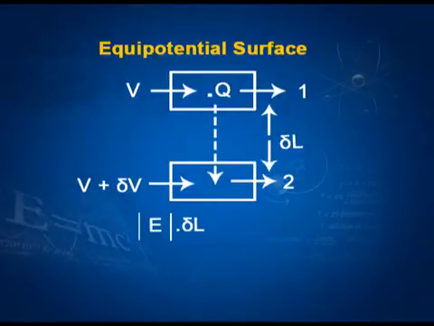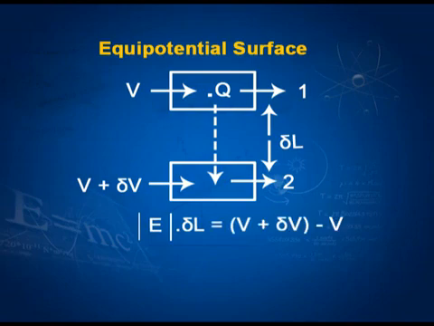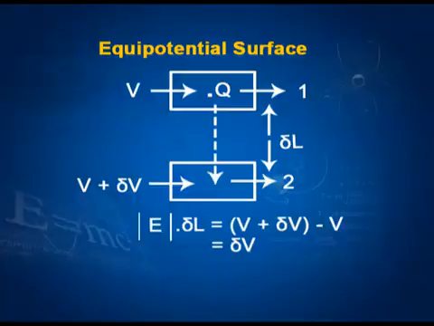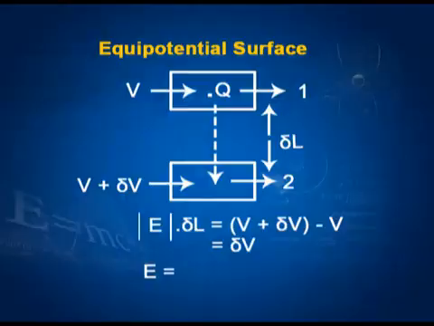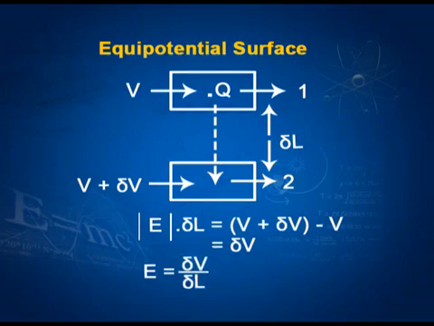So it is V plus delta V minus the potential here, that is V. This gives me simply delta V. Now, what is the relationship between E, V and L? It comes out to be E equals delta V divided by delta L. Well, it is quite comfortable to have this one.